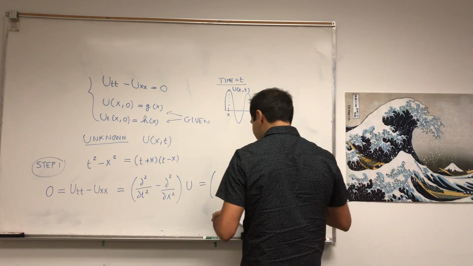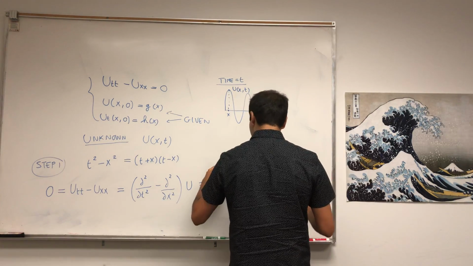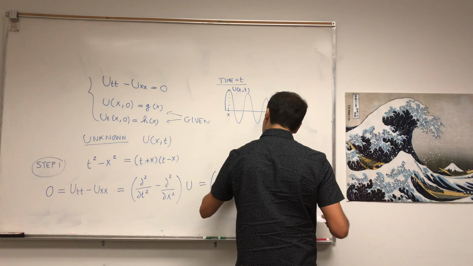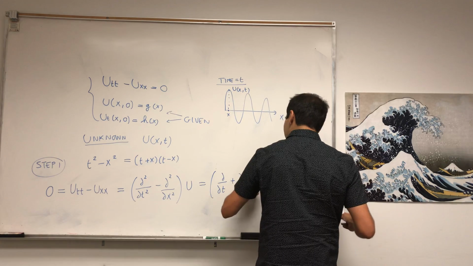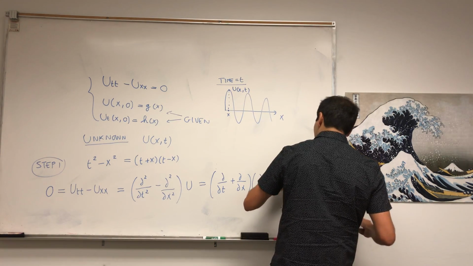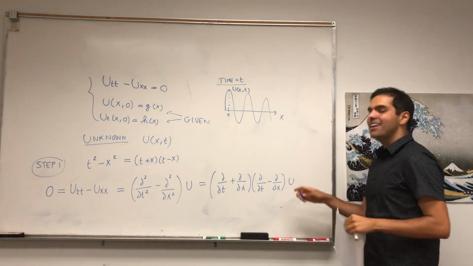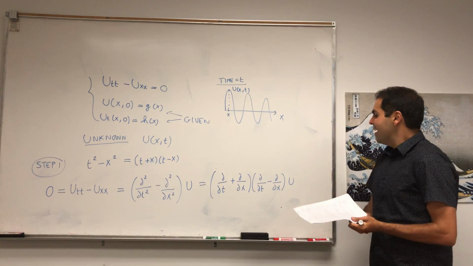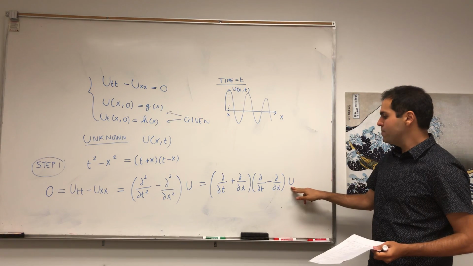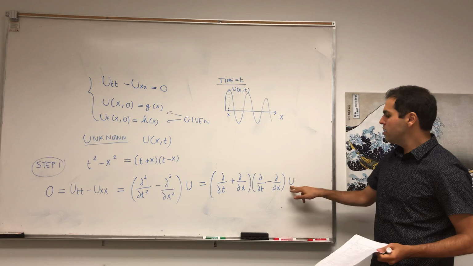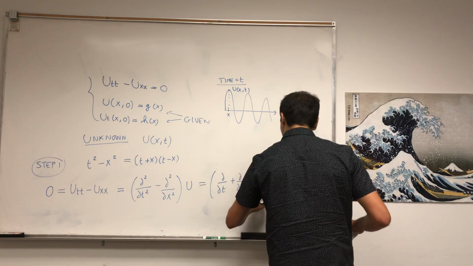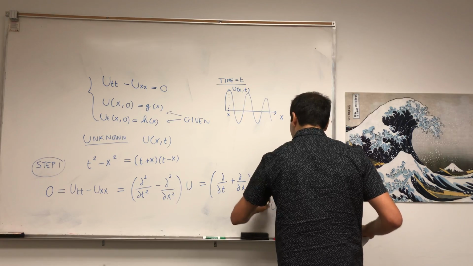Namely, it turns out that this is the same as d over dt plus d over dx times d over dt minus d over dx applied to u. Let me clarify what this means. First, take the derivative of u with respect to t and the derivative of u with respect to x, in other words, ut minus ux.